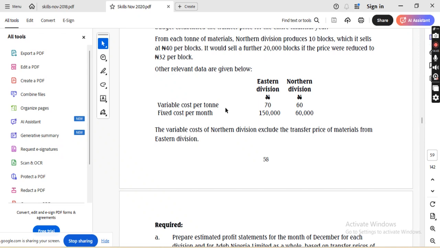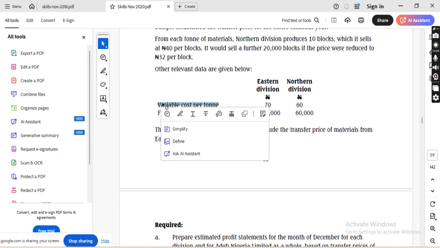See, the variable cost is per ton, and it's 8,000 tons, not blocks.